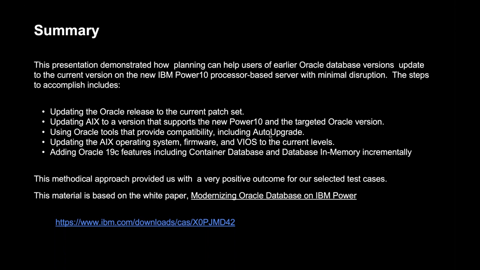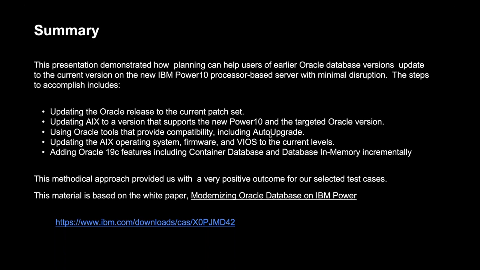Make sure you're at the most current version. I've mentioned in the charts a couple times we used AIX 7.2 TL5 Service Pack 2, but since we did this, Service Pack 3 is available, and that provides much better default characteristics for the Power10 system. So we recommend going to Service Pack 3 right now.